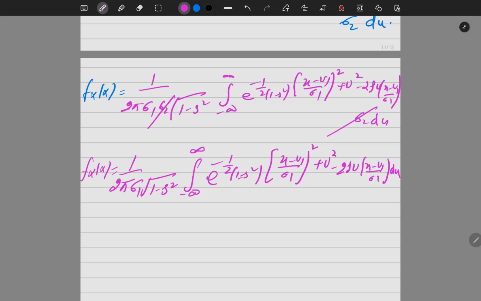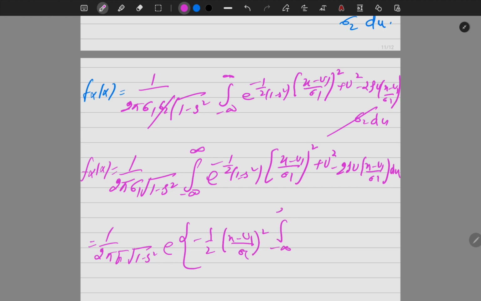So from here we can write it as 1 upon 2 pi sigma 1 square root of 1 minus rho square, e to the power minus 1/2 ((x minus mu 1) upon sigma 1) square.